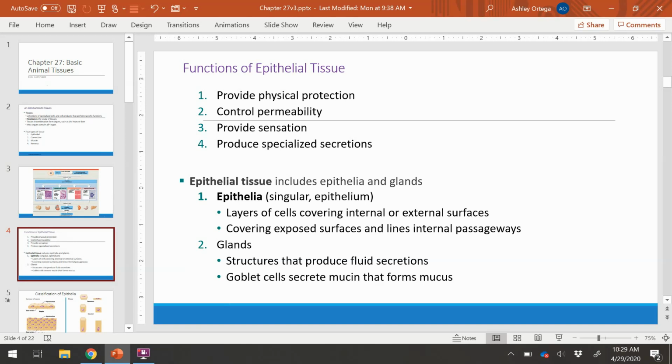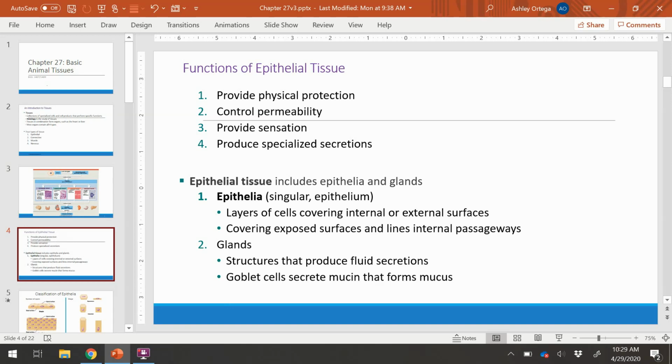Controlling permeability. This is very, very important for gas exchange, as we saw in lecture. Controlling the movement of carbon dioxide and oxygen out and into cells is very, very important, and is done by epithelial tissue. Providing sensation.